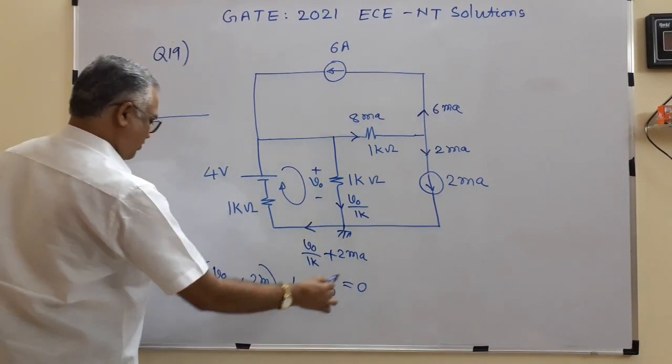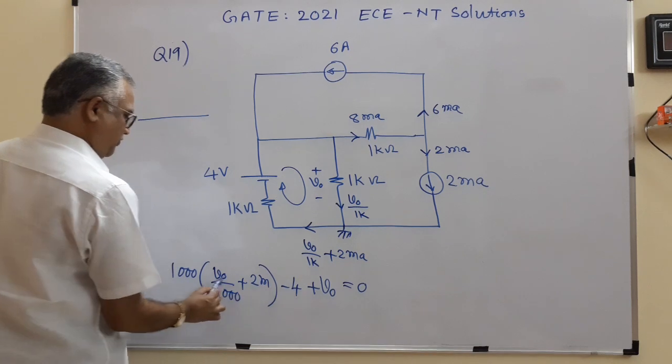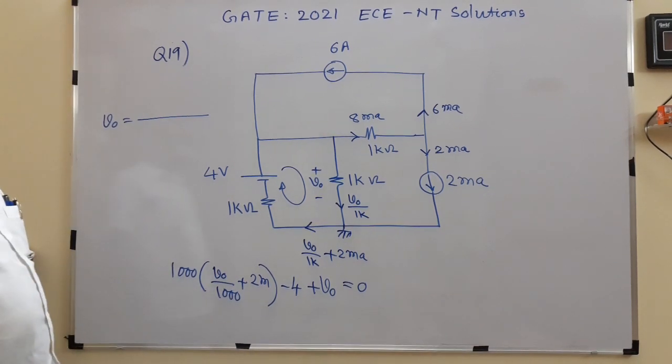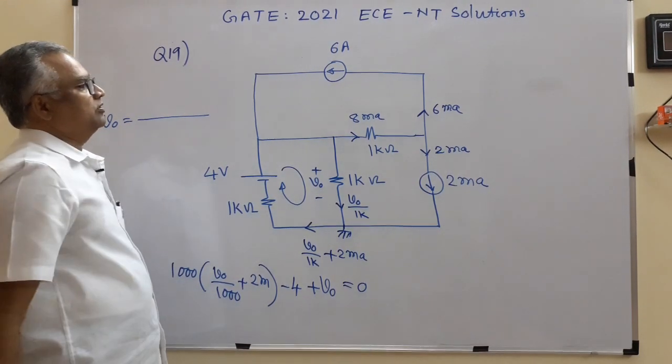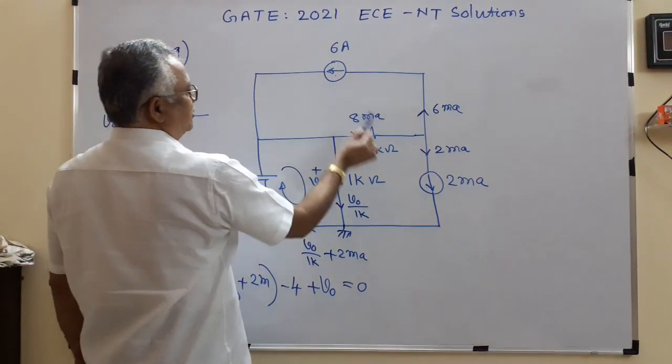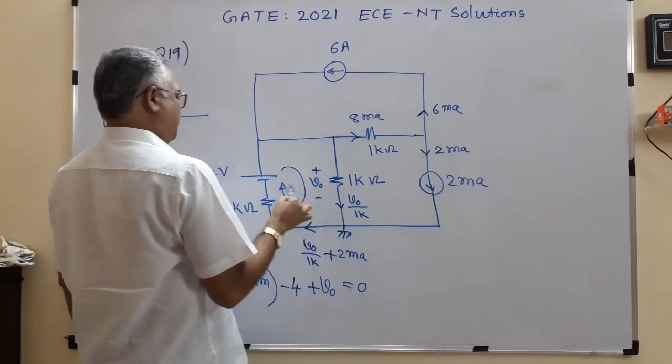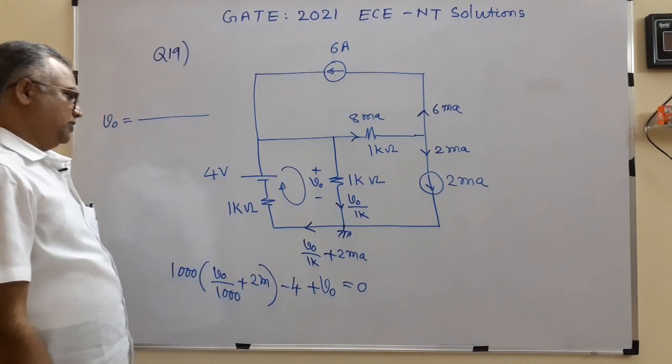So straight away I am solving only one unknown, one equation. That is the powerful advantage of mesh analysis in this problem. When more current sources are there in the branches, mesh is better than nodal.